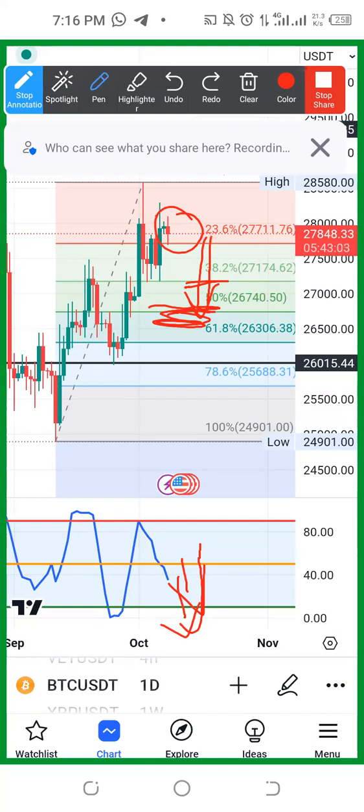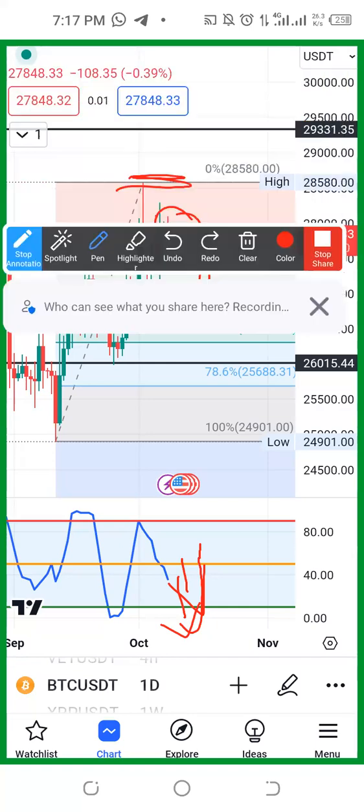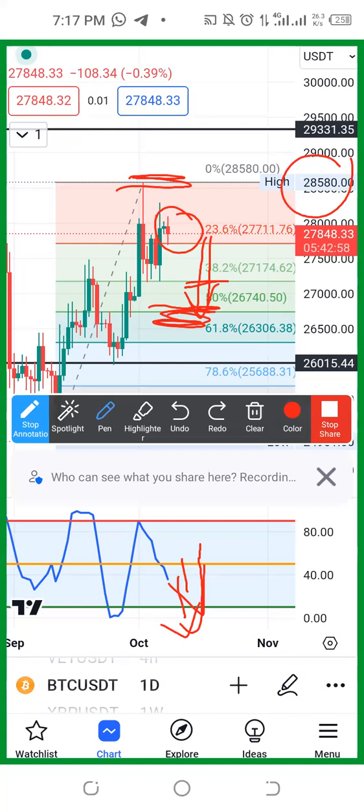It was trying to break. You can see here, it entered 28.5. It wanted to break this price to touch 29,000, but it was rejected. It came down a little bit.